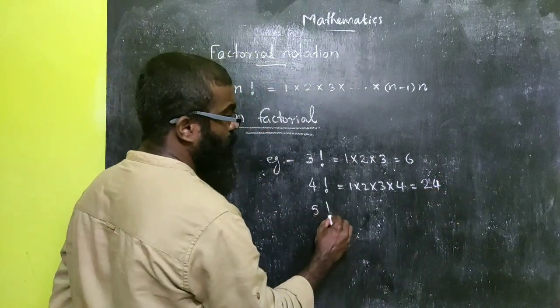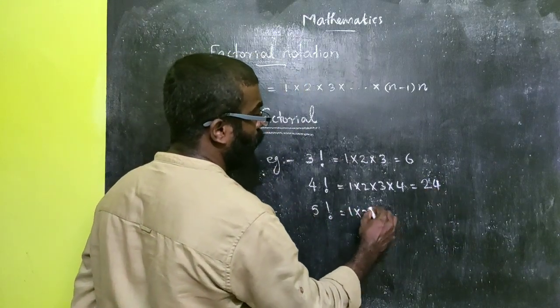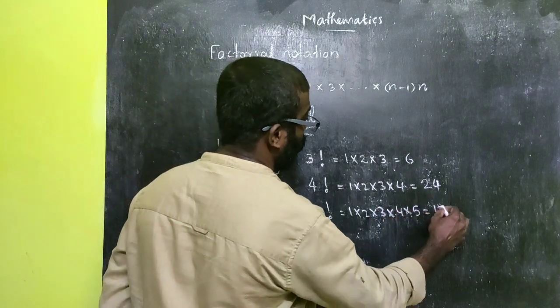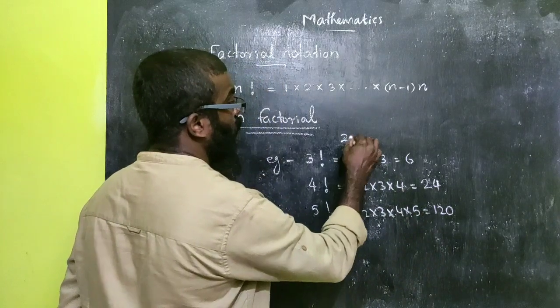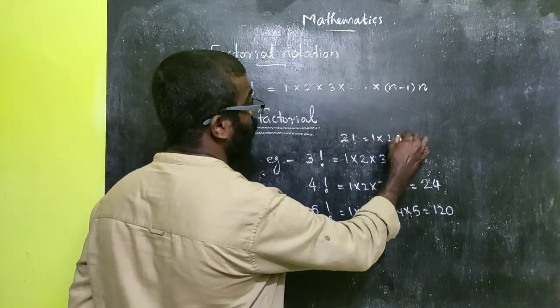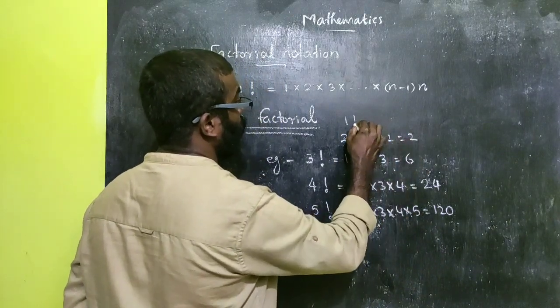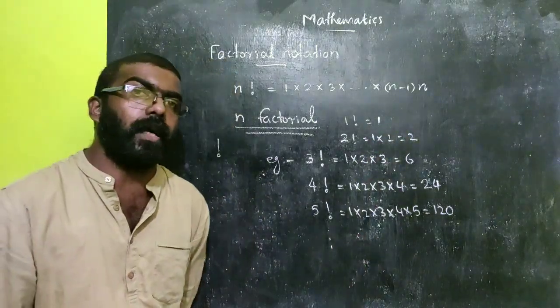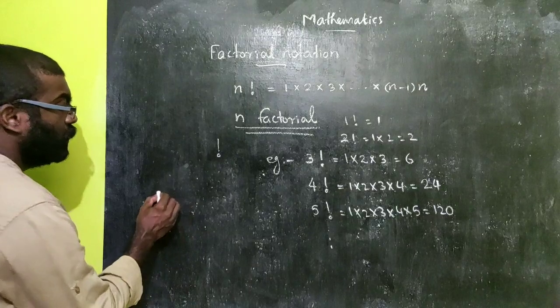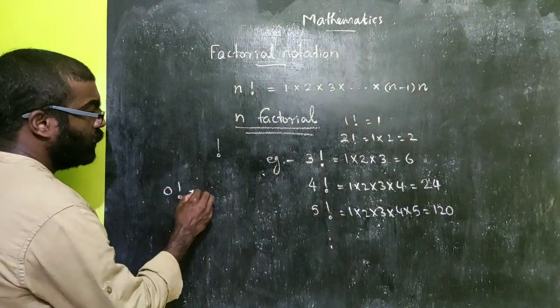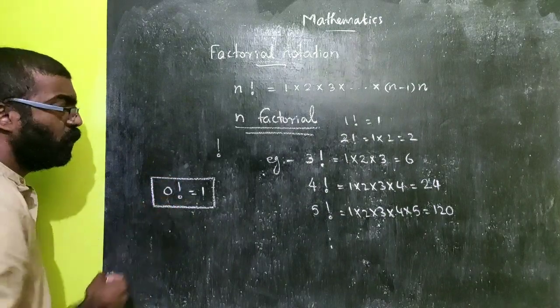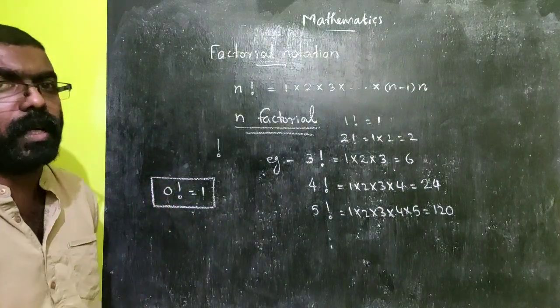And 5 factorial, 1 into 2 into 3 into 4 into 5, that is 120. 2 factorial is equal to 1 into 2, which gives 2. 1 factorial is 1 itself, and so on. And an important point you have to keep in mind is 0 factorial is equal to 1. We define 0 factorial as 1. That point you have to keep in mind.